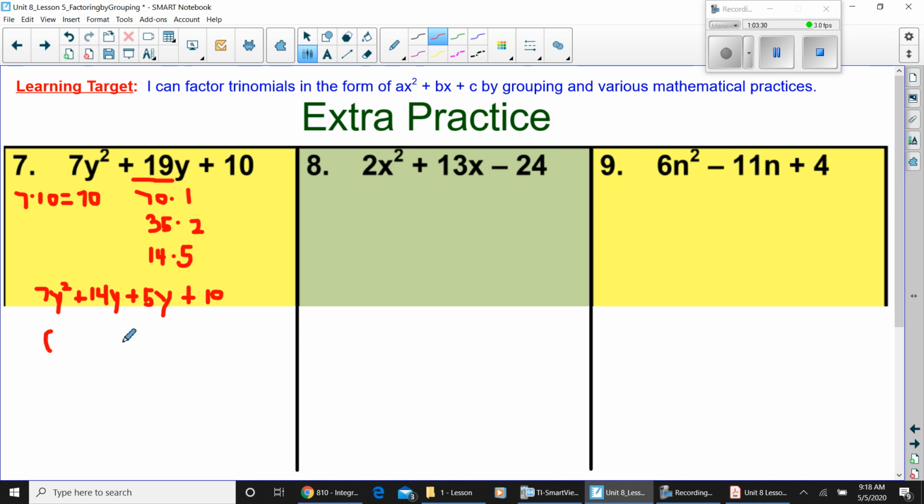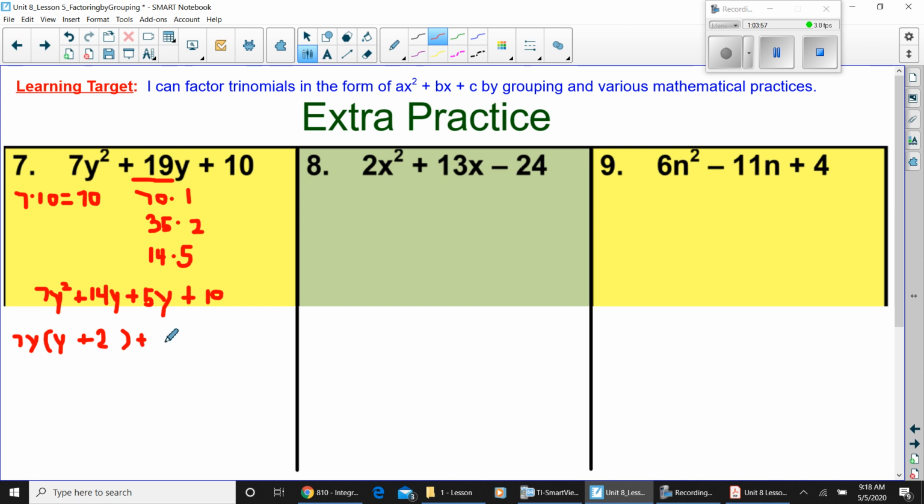Then you could go ahead and find the greatest common factor, 7y, of the first two terms here. And 7y times what equals 7y squared is y. 7y times what equals 14y? That's 2. 7y times 2.